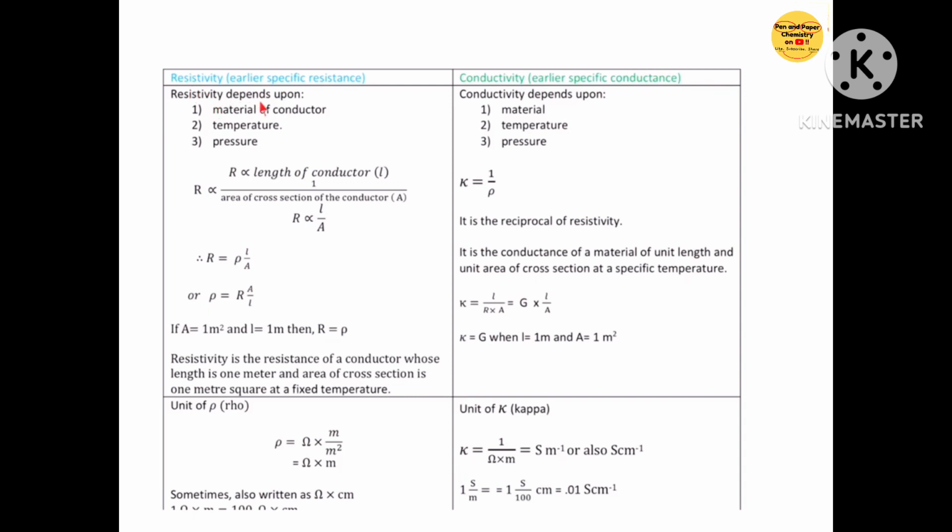So it is a characteristic value of a conductor: temperature and pressure. That is why while defining Ohm's law, we had said all other conditions remaining constant. So you have to be very careful about these. On the basis of their conductivity or resistivity, materials have been divided into different categories. Let us study those.